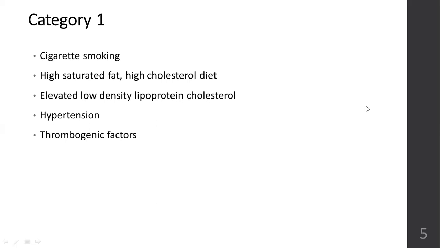So, cigarette smoking. What do you think? Is there an association between cigarette smoking and cardiovascular diseases? There is, because chain smokers also suffer from hypertension.